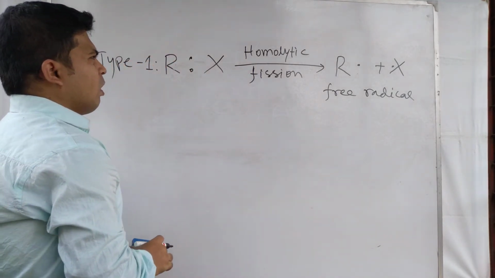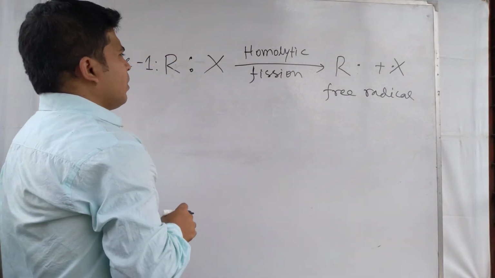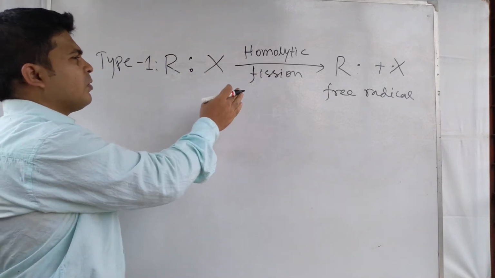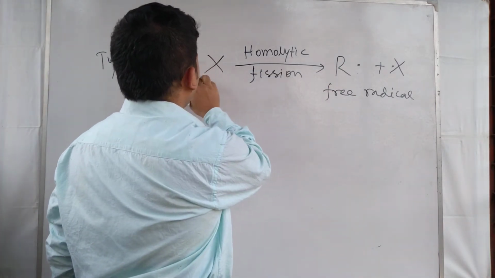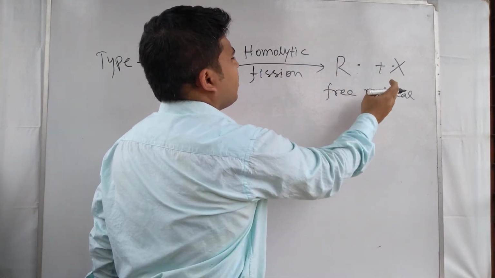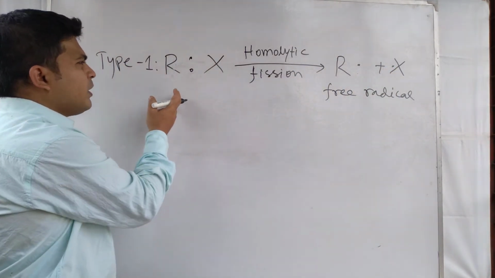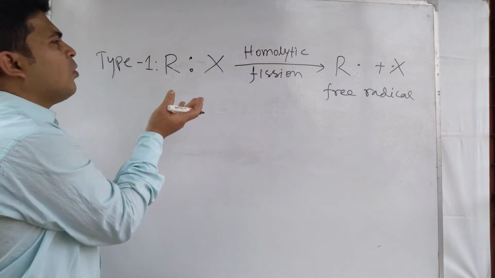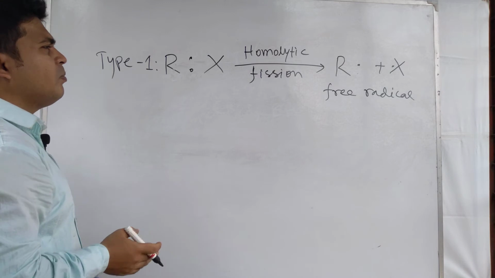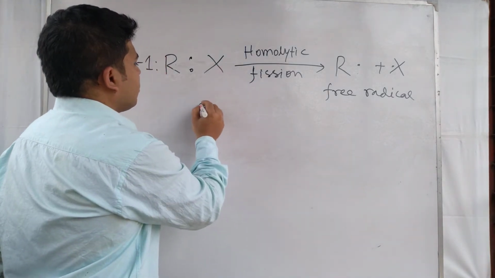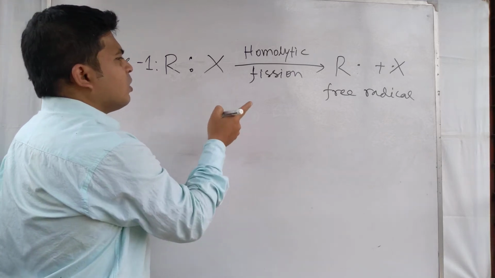In homolytic fission, symmetrical distribution is taking place. During the breaking of the bond, symmetrically this one gets 1 electron, this one gets 1 electron. So bond breaking takes place symmetrically, and this reaction is faster.